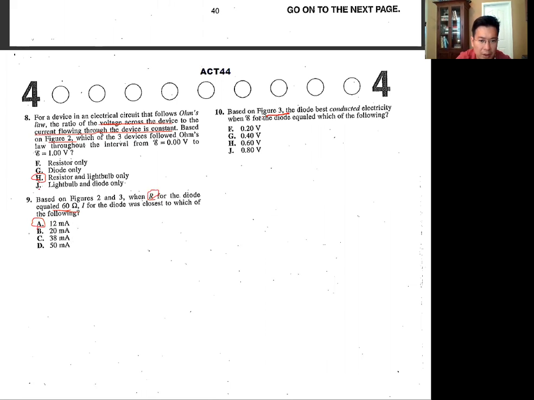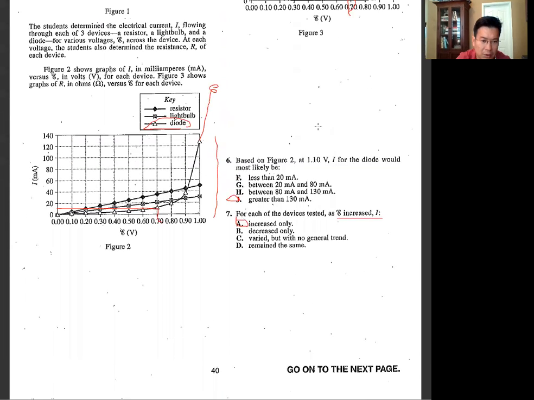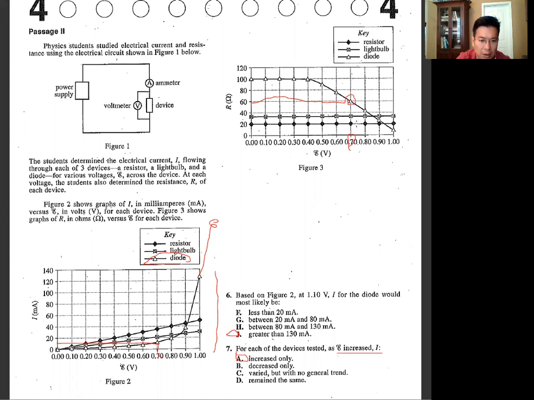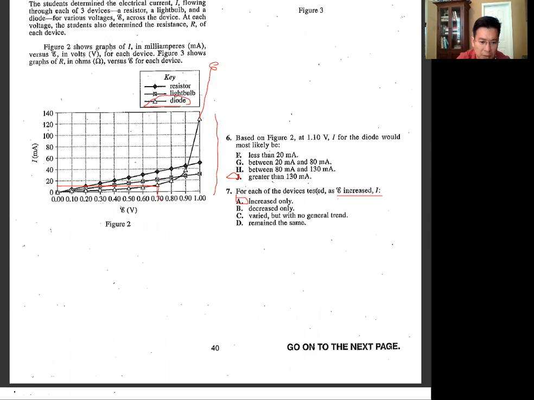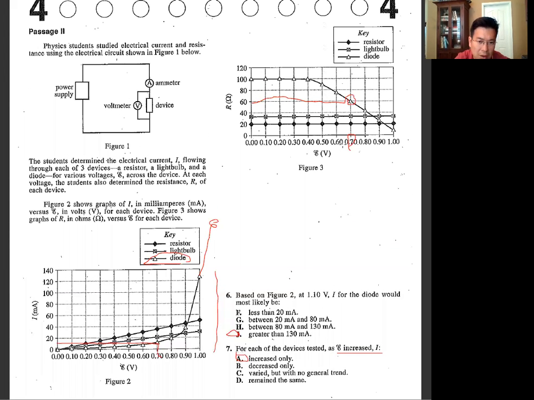Number ten, based on Figure 3, which conducted electricity when E for the diode equaled the following? The question is which conducts electricity when the diode is equated.